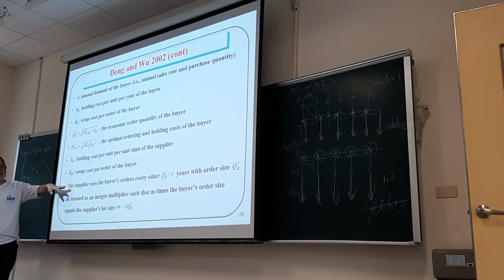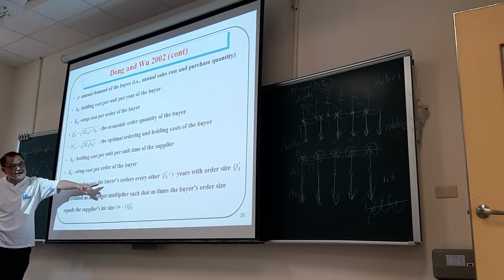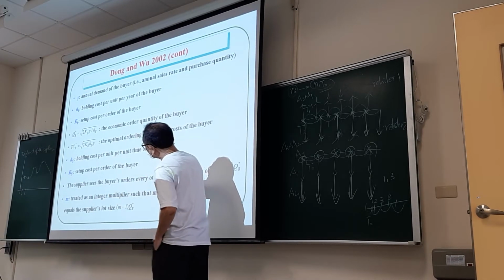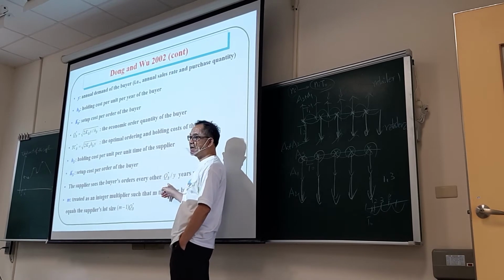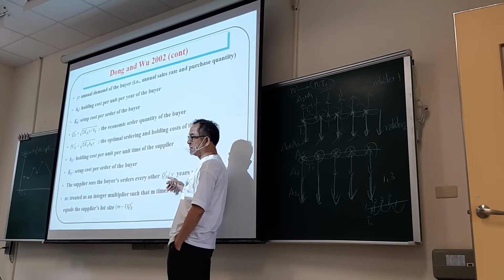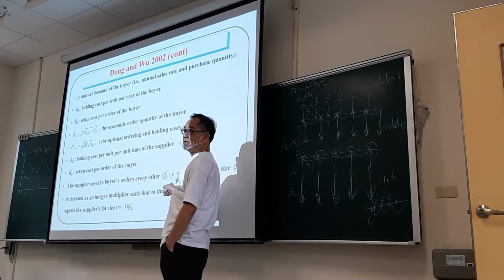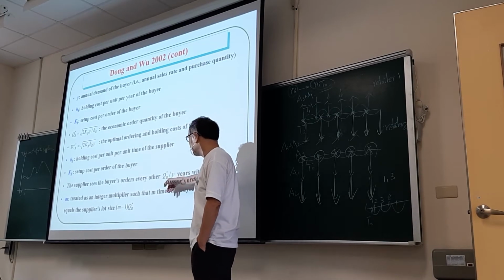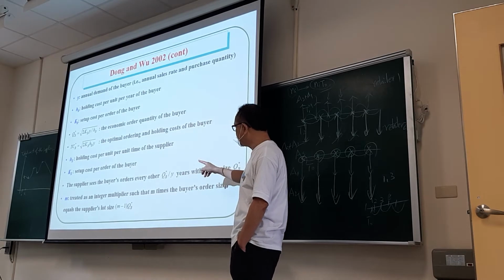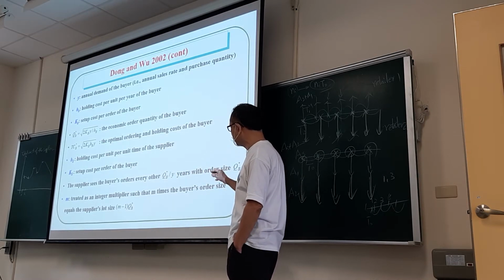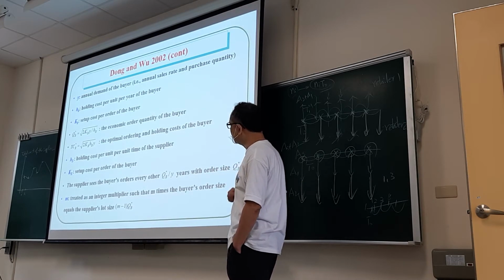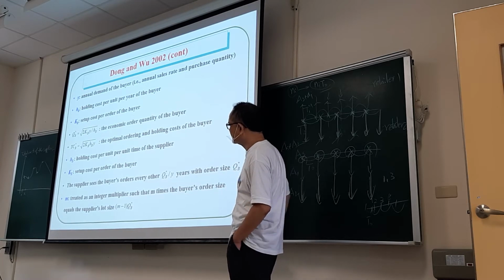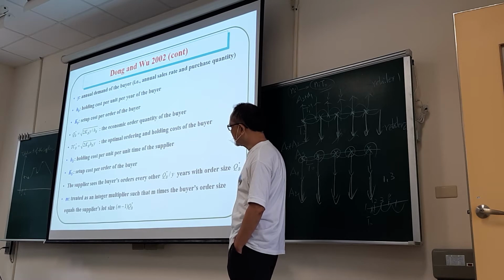So the supplier sees the buyer's orders. Every order quantity is QP star, divided by the demand Y, becomes what? The order interval, right? Every QP star divided by Y years, with order size QP star.